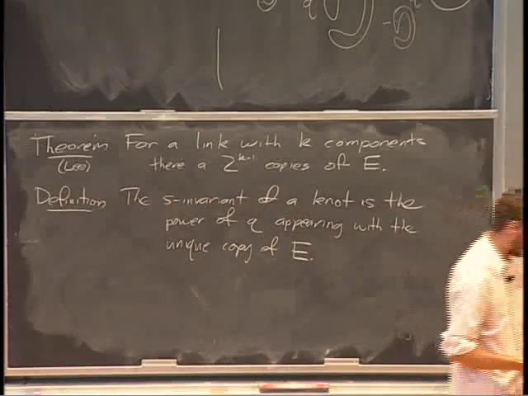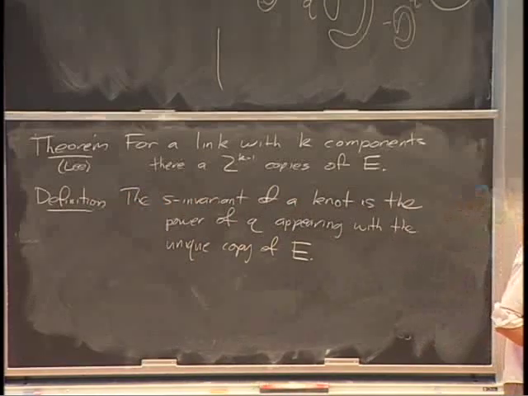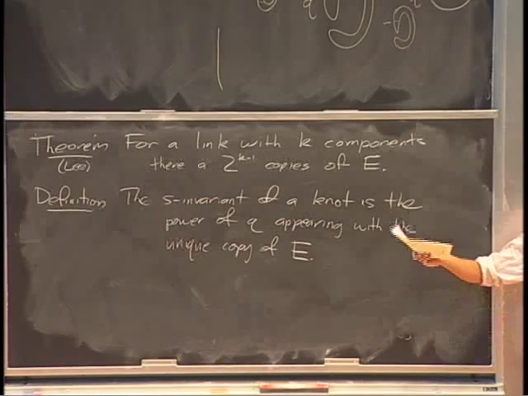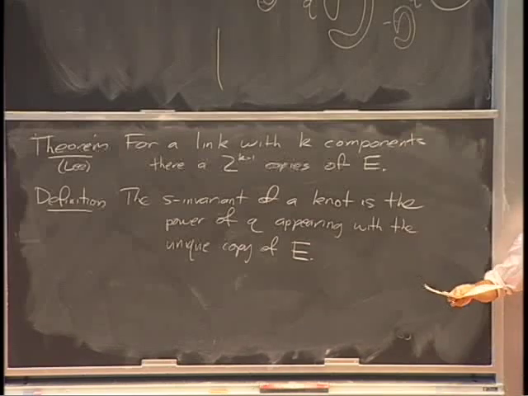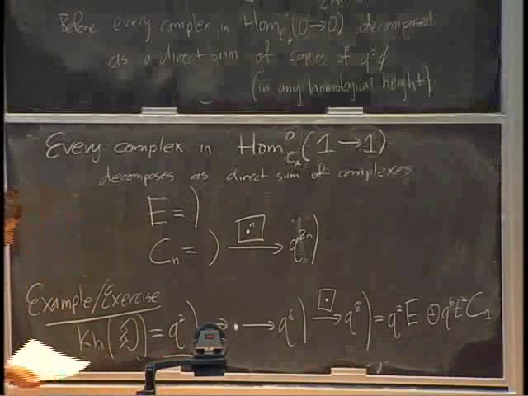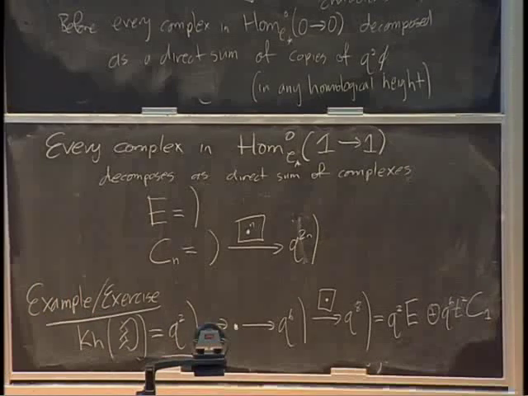You take your complex for the cut-open knot, and you just apply that homotopy lemma, the stripping off a summand over and over again, and you know that you have to get into this form, and you'll see the power of Q that appears in front of the 1 copy of E.